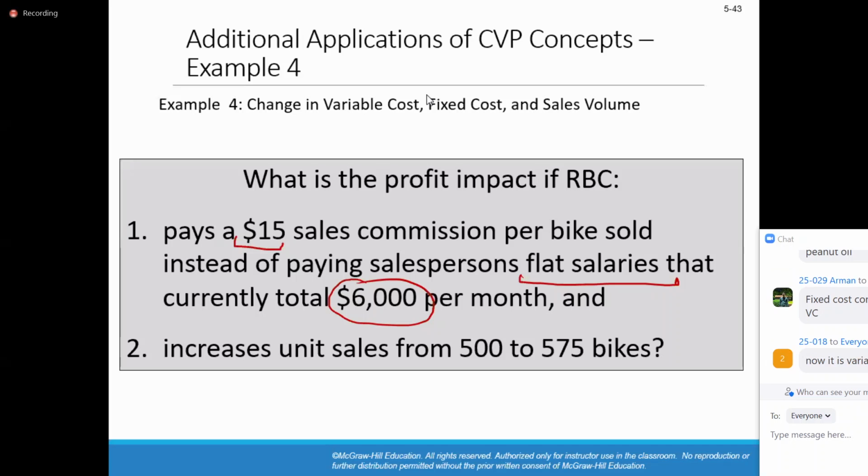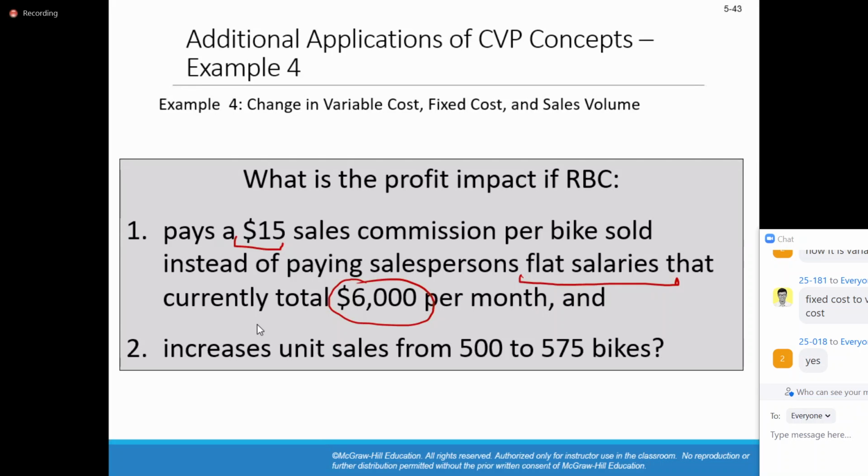Yeah, precisely this is happening here. Fixed cost is changing to variable cost. In that case, will there be any changes in the contribution margin? Yes, there will be changes in contribution margin. And fixed cost is expected to go down by 6,000.